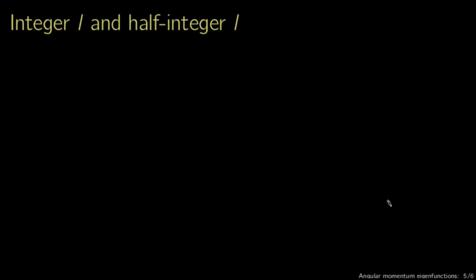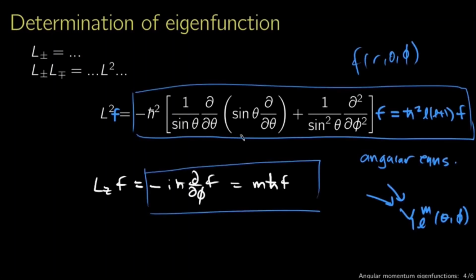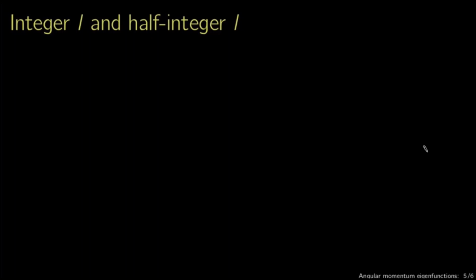We have half-integer L and integer L. Our consideration of wave functions, the solutions to these partial differential equations, give us spherical harmonics, which are only meaningful for integer L. Half-integer L doesn't really make any sense in the context of spherical harmonics, which means if what we're talking about is angular momentum of something like a physical particle, orbital angular momentum, rotational kinetic energy, essentially, we can't have half-integer L. But we do have these half-integer L solutions.